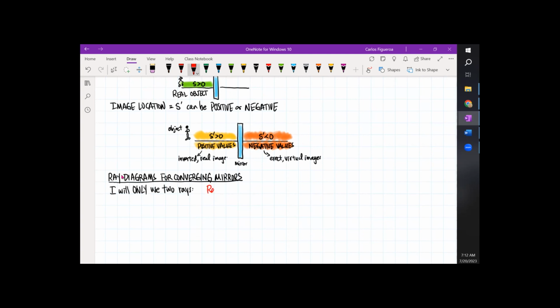I have ray 1. This is the one that's parallel to the central axis, reflects, and goes through the focal point.